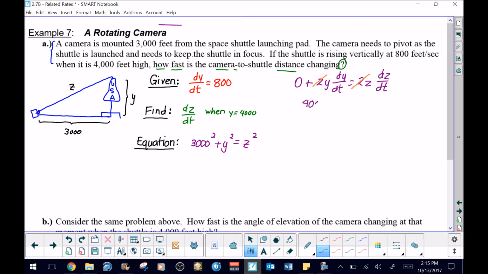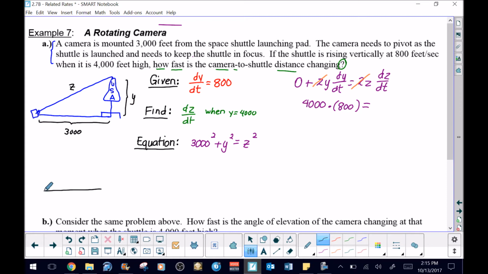Then it wants to know what dy/dt is. Well, dy/dt is 800. Fill it in. And then that's equivalent to, and we come to z, and we get a little disappointed because it's like, z, what the heck, z? We don't know z, but recall you've got a very specific situation on your hands.